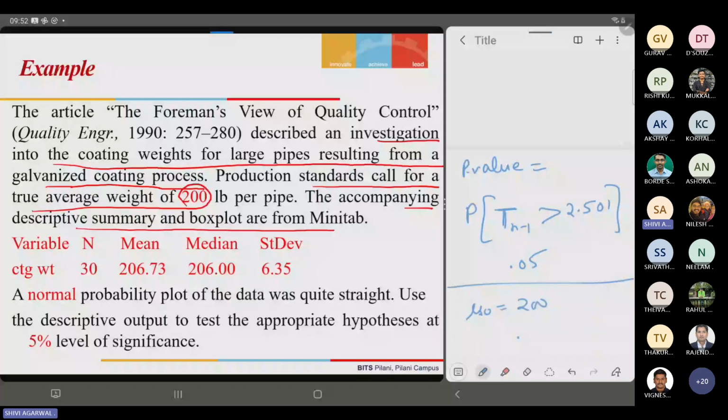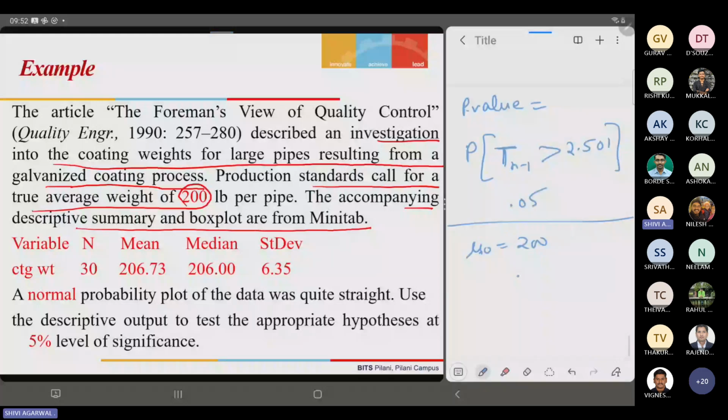Okay. A normal probability plot of the data was quite straight, so it means the population is normal. Okay. N is equal to 30. The data is given from Minitab, and S is provided here, 6.35.